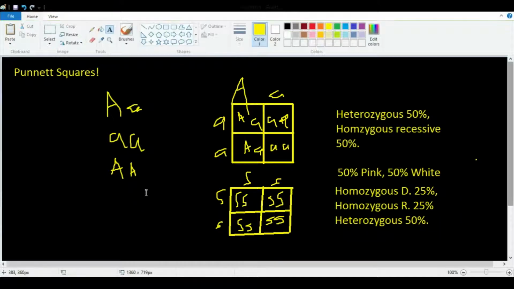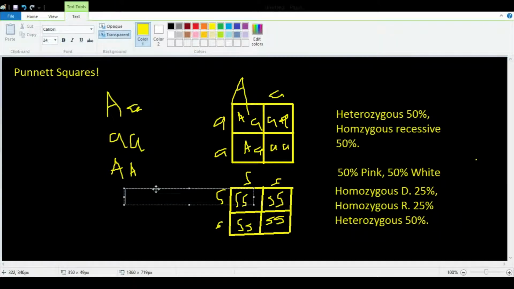I'm gonna now do phenotype, where things do change a bit. Because with codominance, all the traits express. Even if they're recessive, even if they're dominant, they all express themselves.